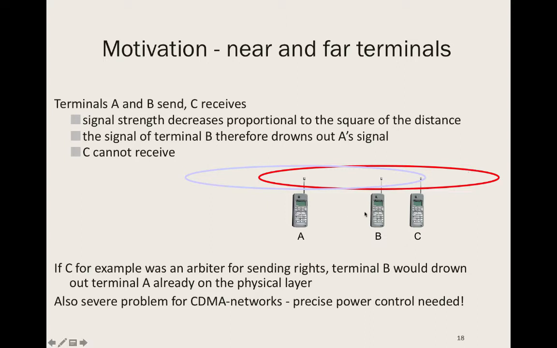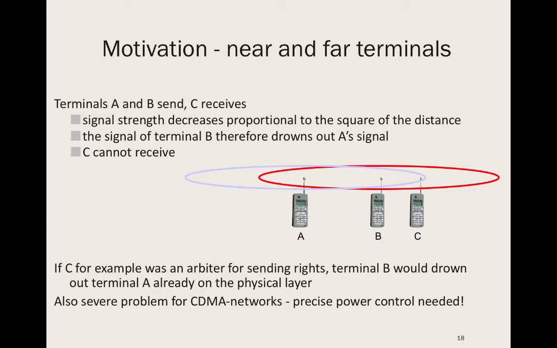So when you look at this picture, B is going to drown out A when they're all sending to C, and C is not able to receive the signal from A. If C, for example, was an arbiter for sending rights, terminal B would drown out terminal A, and all the signal from B would reach C. Also, there are severe problems for CDMA networks that we are going to talk about later on.